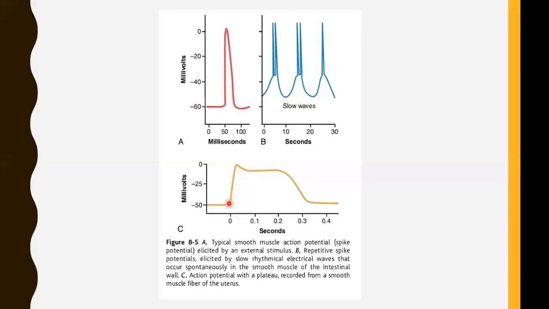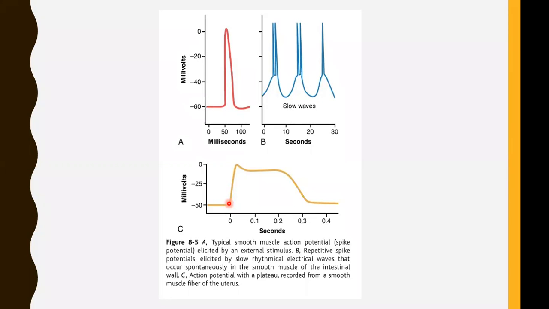The membrane surrounding the cardiac muscle fiber as well as the smooth muscle fiber is highly supplied by voltage gated calcium channels. The sodium channels are also present, but in lesser number in the membrane.